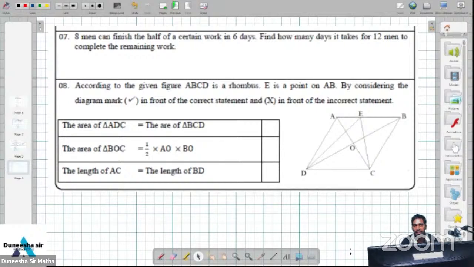Remaining men-days 48, 12 men work on this. Can you find how many days it takes?